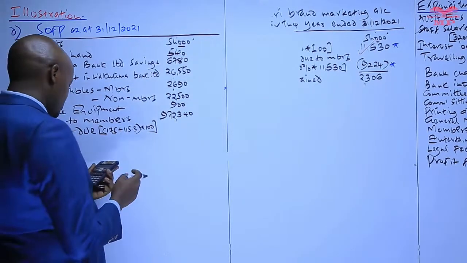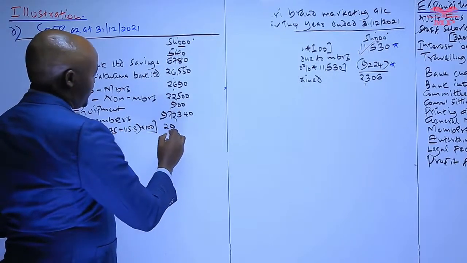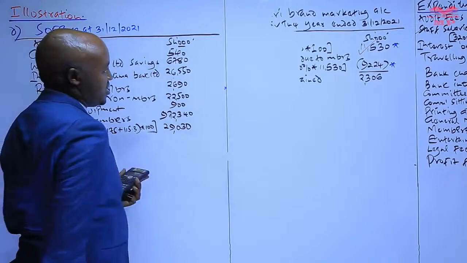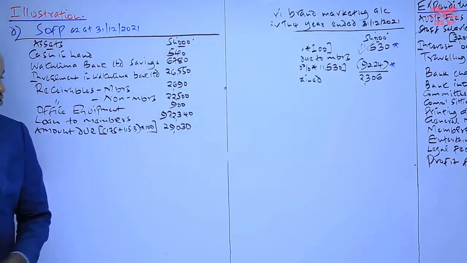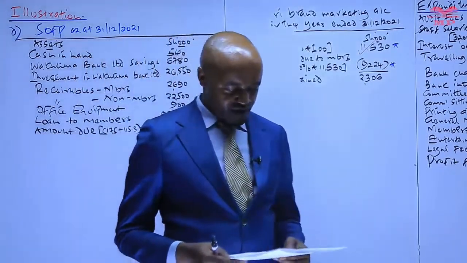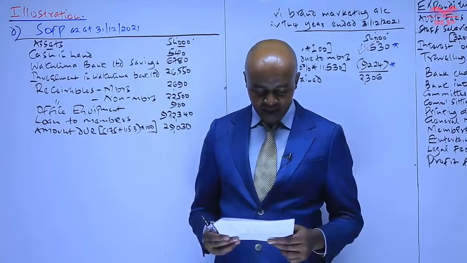So this is the amount of money which Bora Limited was yet to remit to the bank account of the cooperative society. So to the cooperative society, this is basically an asset. So that's what we have in note number 1. Additional information, note 1.